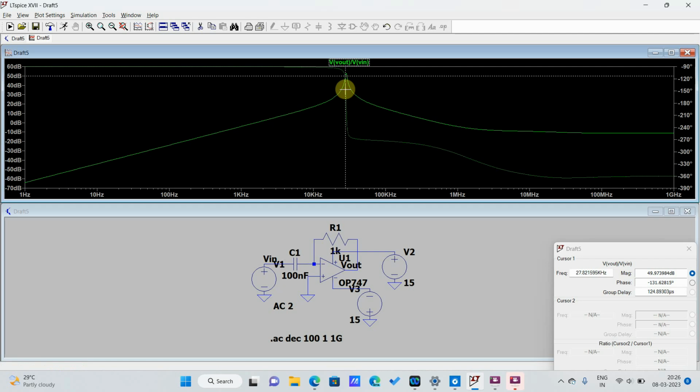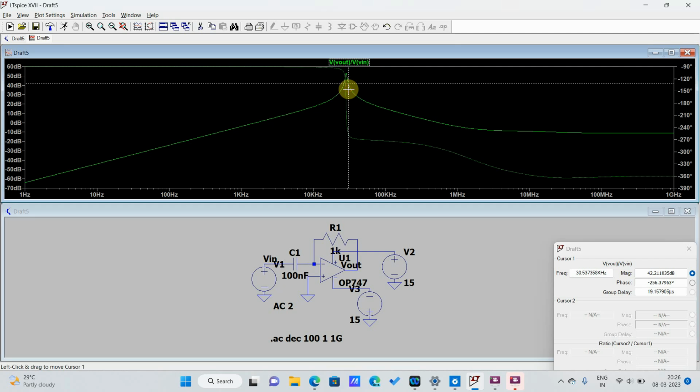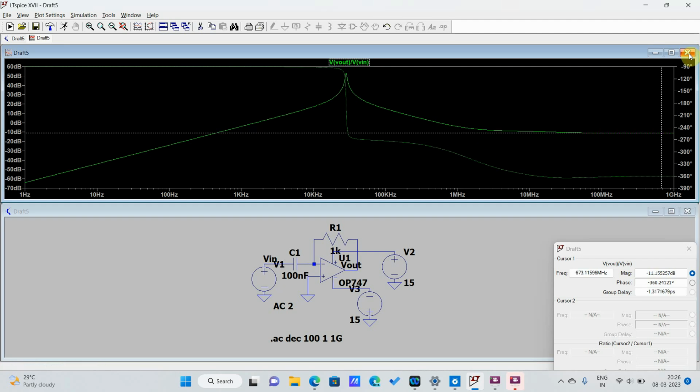It reaches a peak at nearly 29.4 kilohertz in this case. As we can see, the gain first increases, and after that it decreases, and at very high frequencies it's almost constant. So this was for the case of a differentiator.